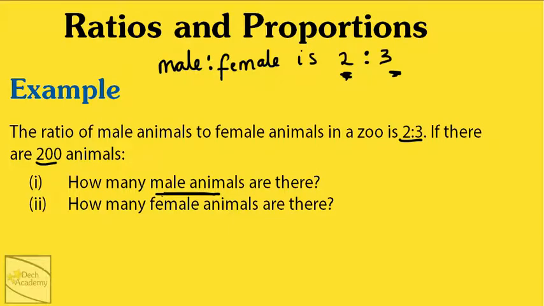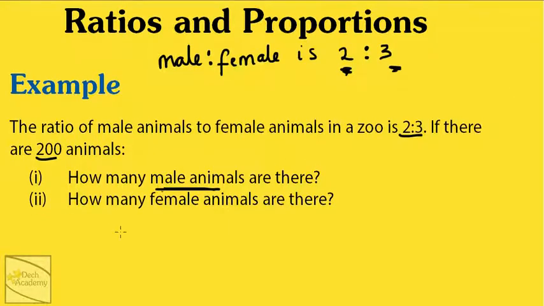I'll just demonstrate. If you're given a ratio, A to B, and you're told that the total amount, a certain number of things, is being divided in a certain ratio, for instance the ratio A to B, and say there are T amount of those things.